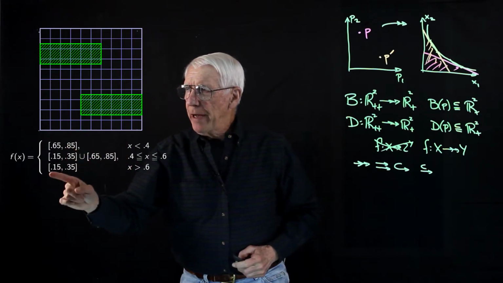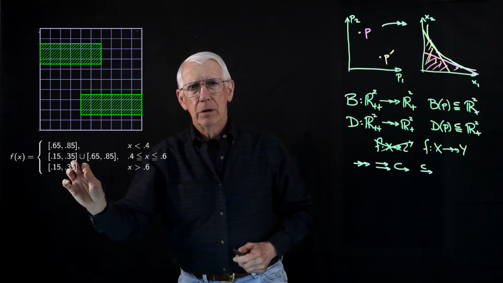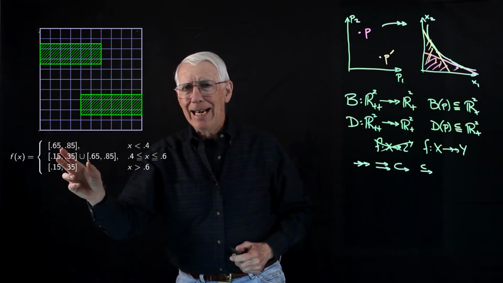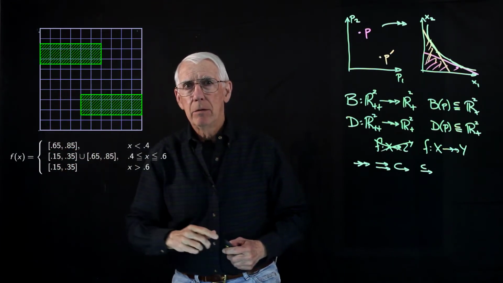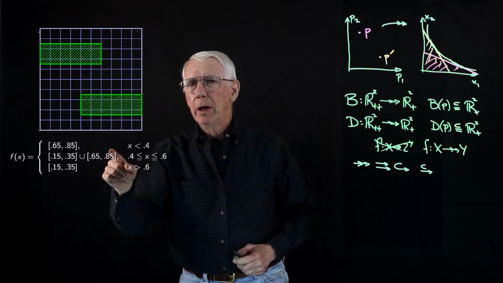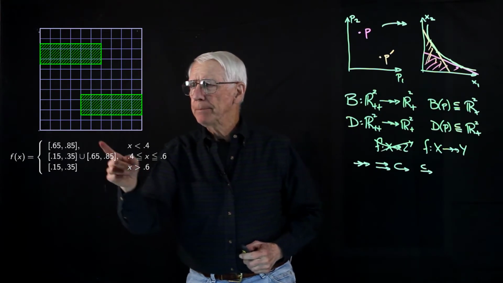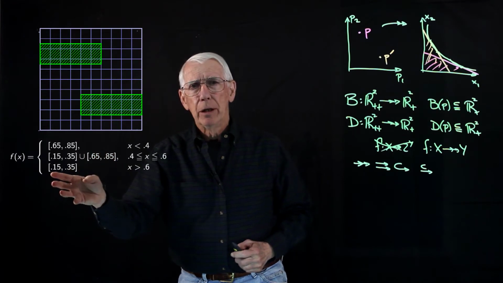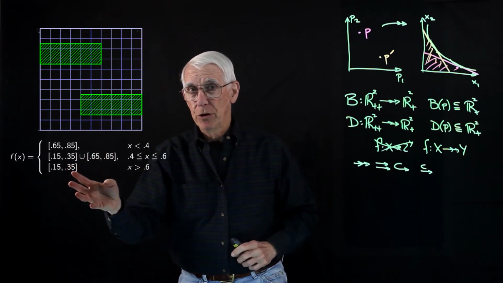So f of x, the image under f of a given point x, in each case is either a closed interval in the y set, in the target space, or for values of x between 0.4 and 0.6, it is the union of two disjoint closed intervals.